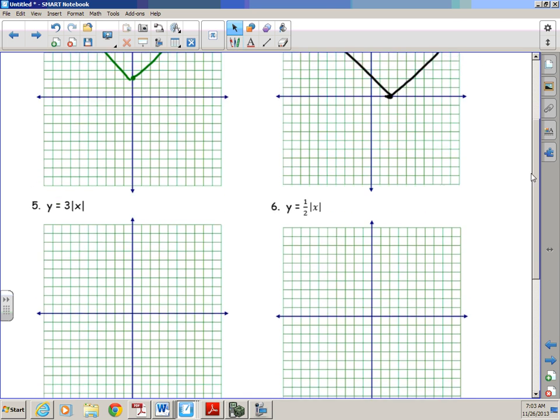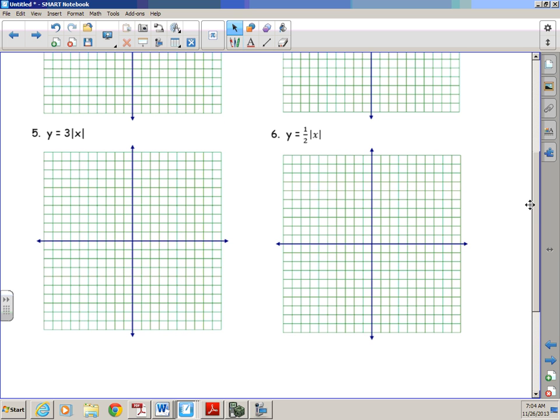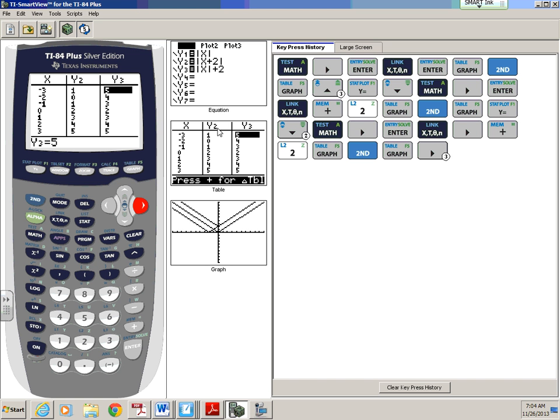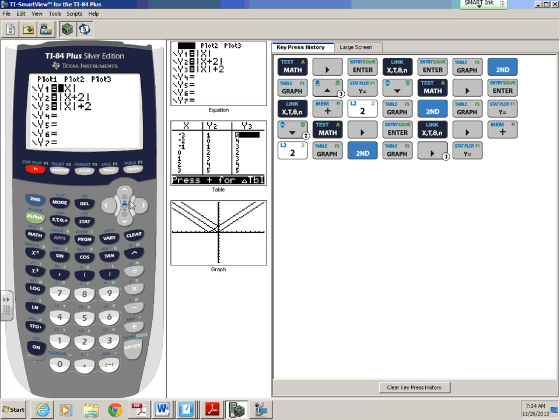Now, what I'd like to do, just to show this and highlight this to you, this next one I'm going to do, or even the next 2 I'm going to do on the calculator. So let's go to y equals again. I'm going to leave the original one in there so we can contrast them.